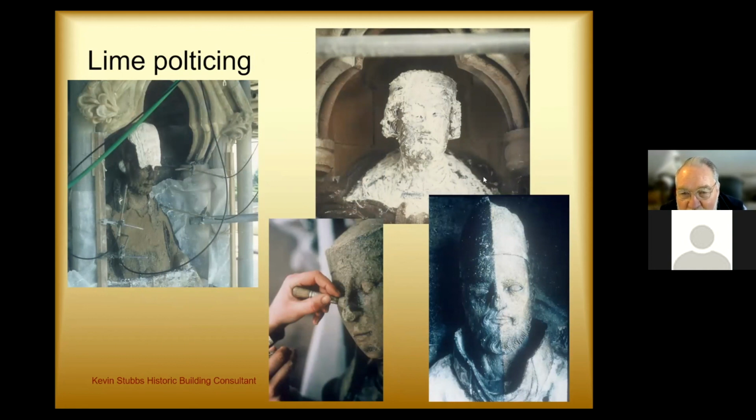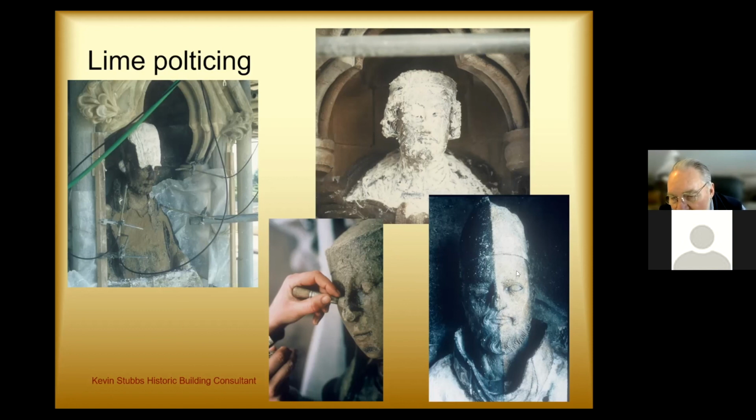You wrap them up in a coat of Hessian, put the quicklime on the surface, spray water on, and you get an exothermic reaction. The heat frees up the oils and other rubbish that's binding the pollutants on the surface. After a few days, you can peel off the lime.